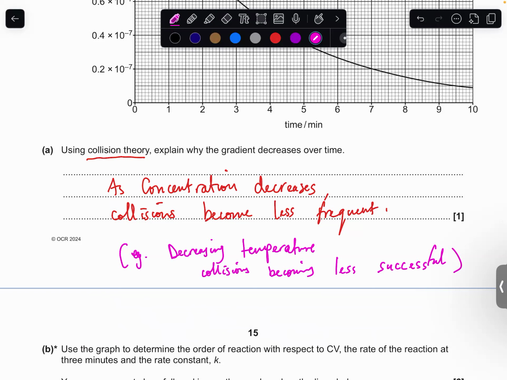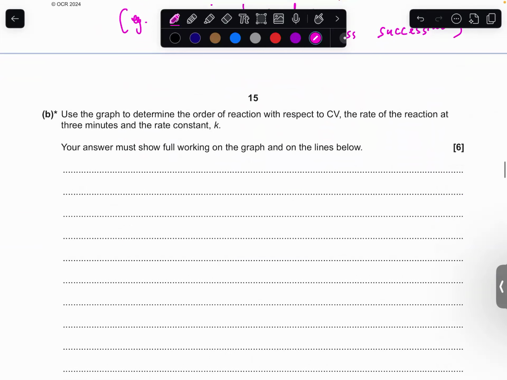So frequent collisions are linked with concentration, and successful collisions are linked with temperature. Bit of a year 1 idea there. Anyway, moving on to the question.